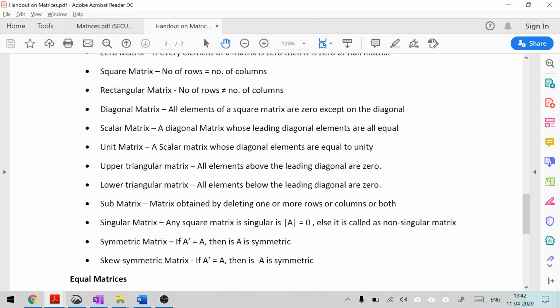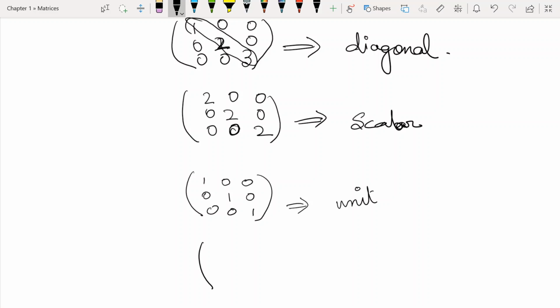Upper triangular and lower triangular. In one, all the elements above the leading diagonal are 0; in the other, all the elements below the leading diagonal are 0. So it's something like this. 1, 0, 0.